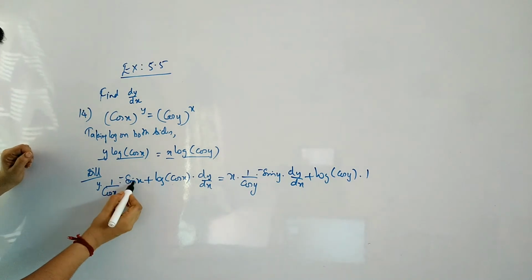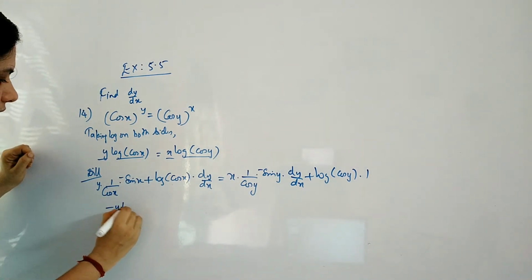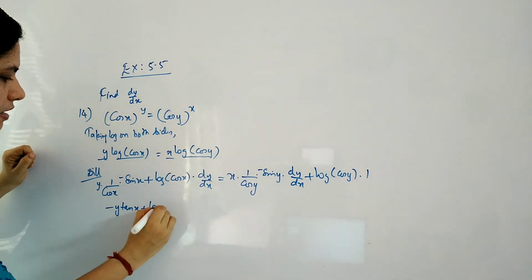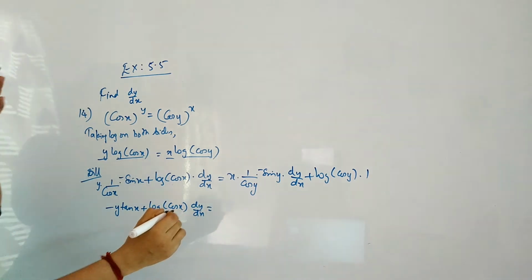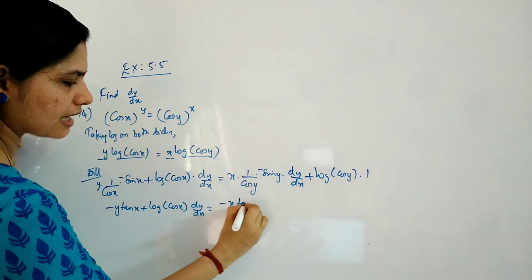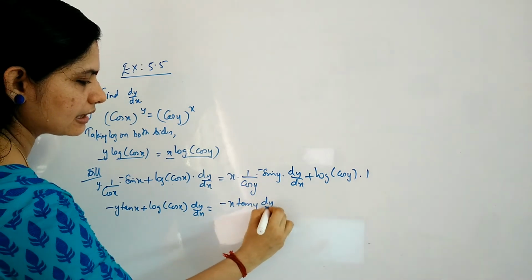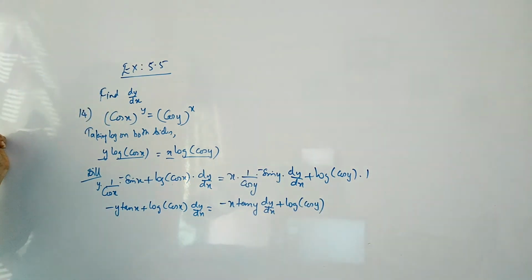So sin by cos, both the same angle, you can write as tan. So minus y tan x plus log of cos x into dy by dx is equal to, here again minus, this is tan y, so x tan y dy by dx plus log of cos y.